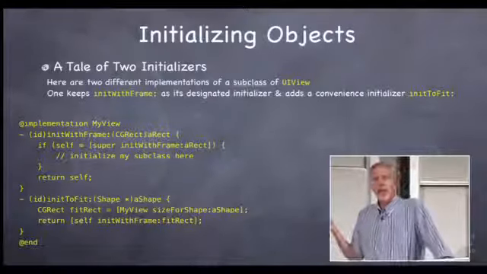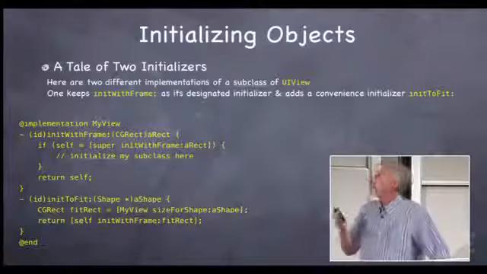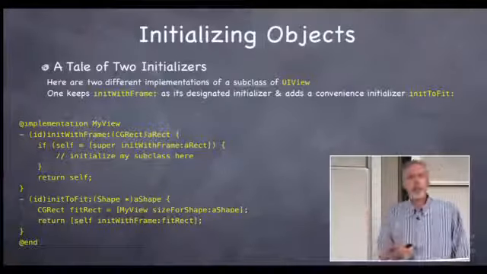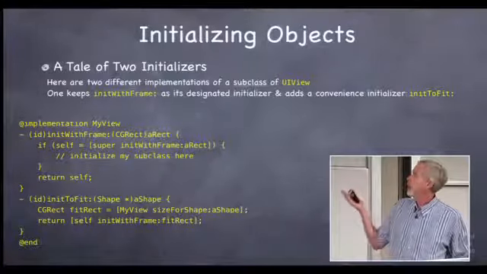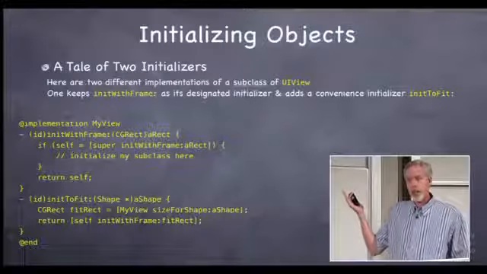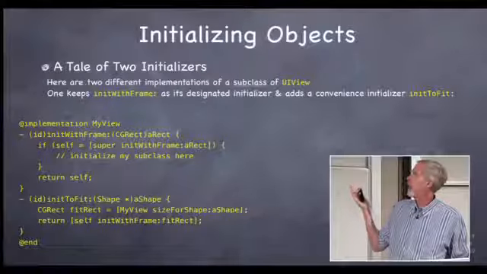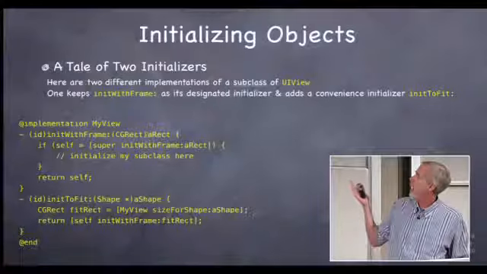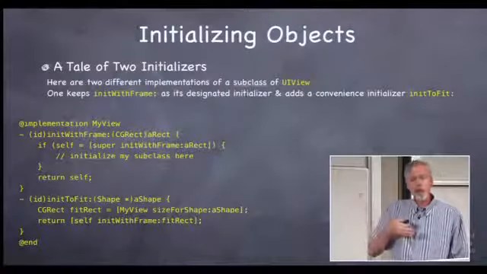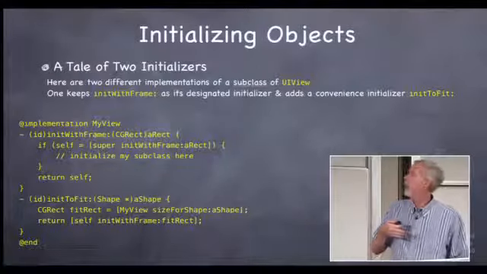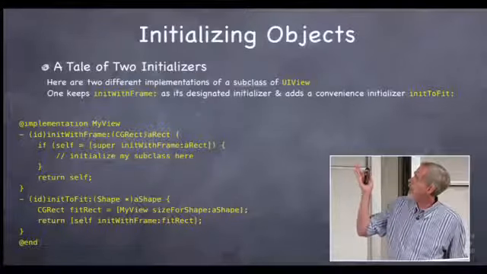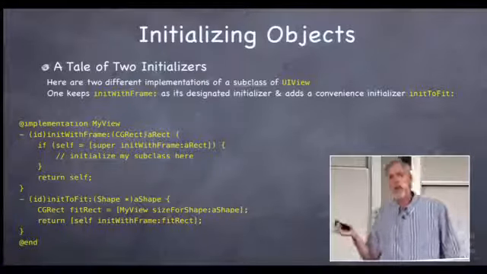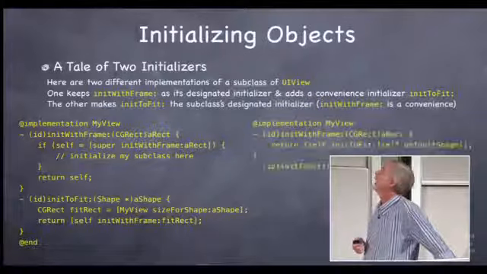And you can create this view by saying UIView alloc initToFit and give it a shape. Okay? Now, what that class is going to do is calculate a rectangle for that shape, and then initWithFrame. In other words, call its designated initializer on itself, right? And then our initWithFrame is going to call super initWithFrame, because that's our super's designated initializer.